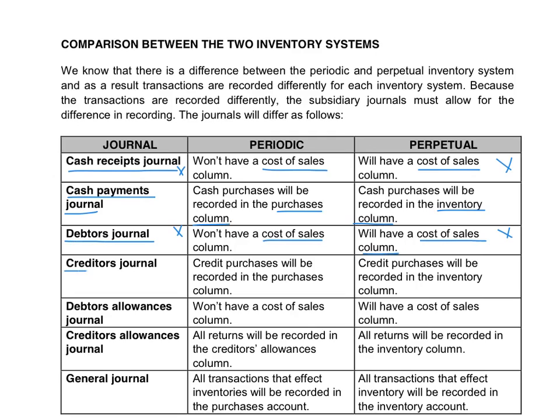In the creditors journal, when we buy goods, because we are not allowed to record anything in the inventory account, there will be a purchases column. So when we buy something for cash or on credit, we will have a purchases column that replaces the inventory column, because we are not allowed to write in the inventory account.